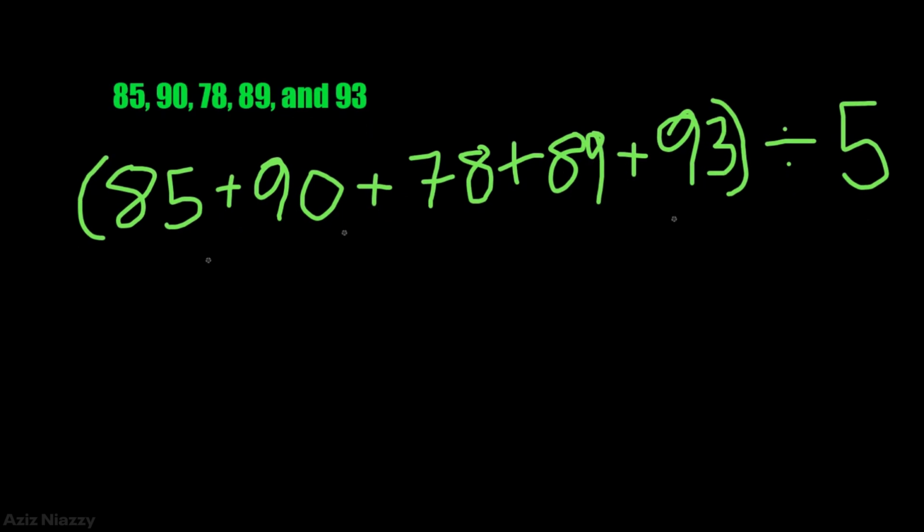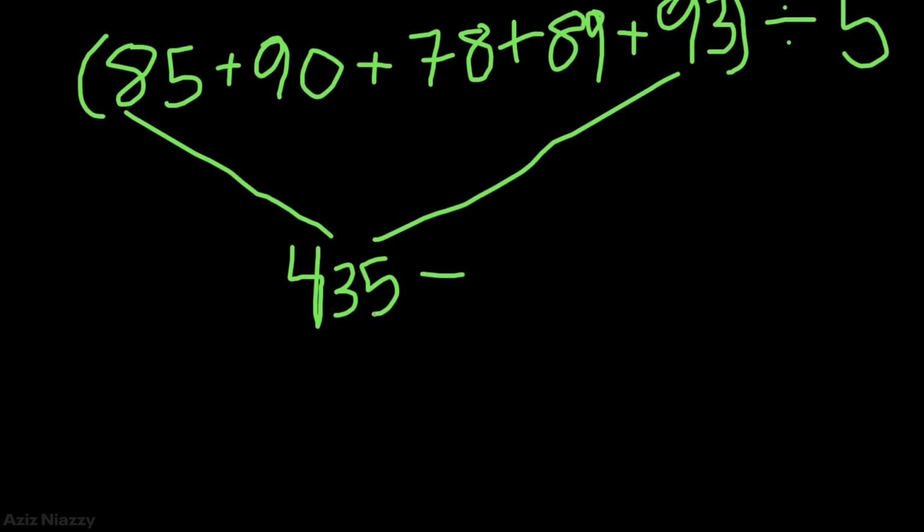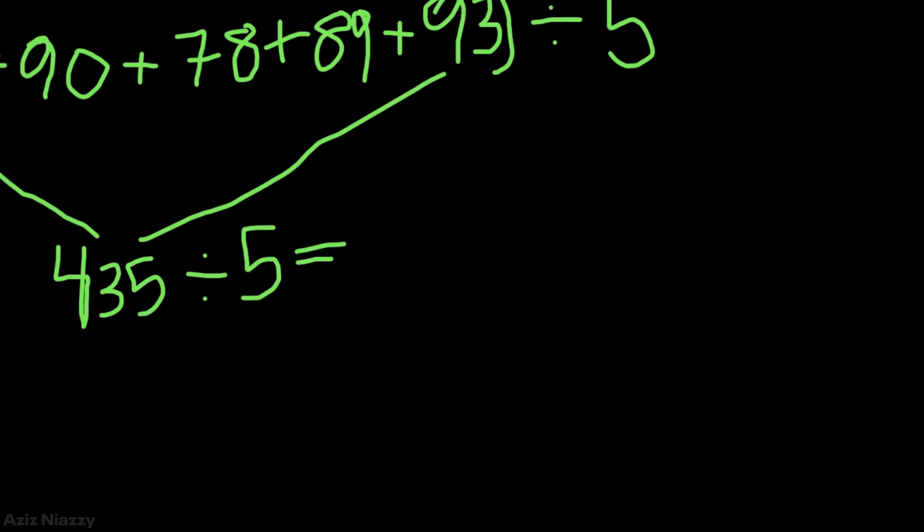And when you add all of this together, you get 435. So we put 435, and now we can divide by 5, which is going to give us 87.